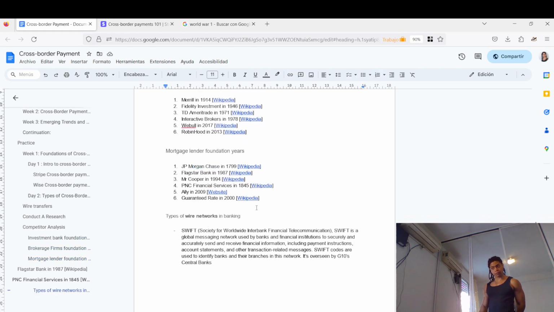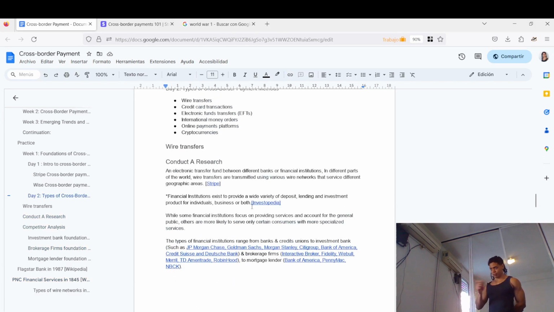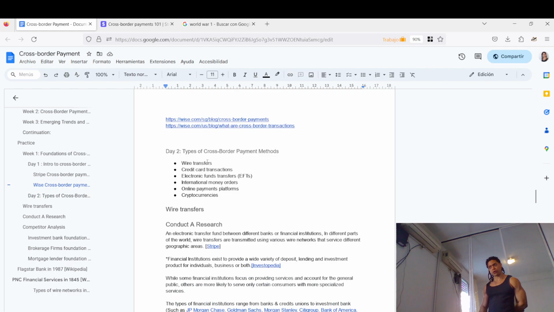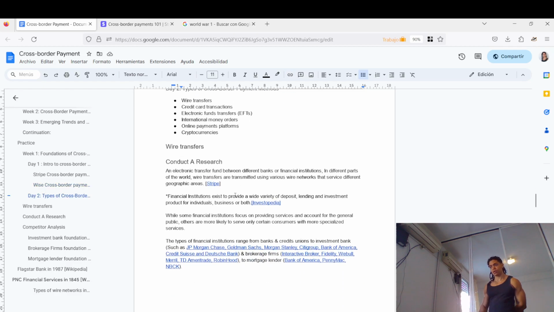Now I look at something interesting, because again, the type of cross-border payment methods here, such as wire transfer, involves the transfer of funds electronically between banks and financial institutions in different parts of the world that are transmitting using different networks.